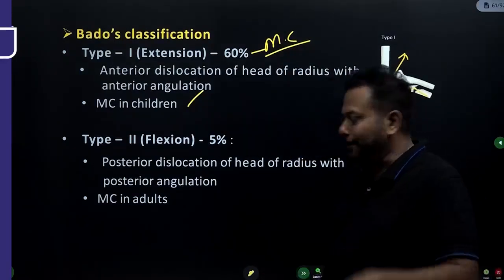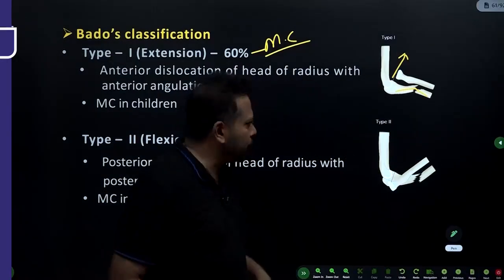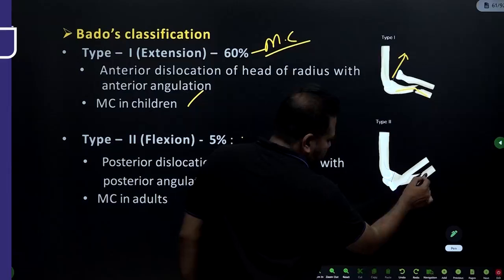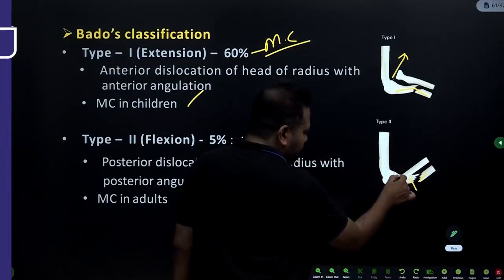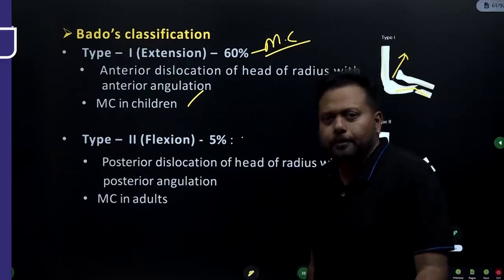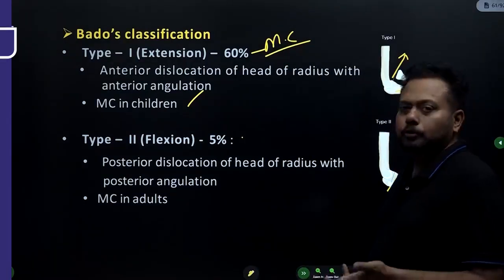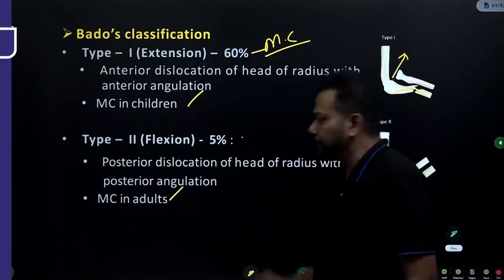Type 2, the exact opposite: fracture angulation is posterior and dislocation of radial head is also posterior. It's called flexion type, more common in adults, about 5%.